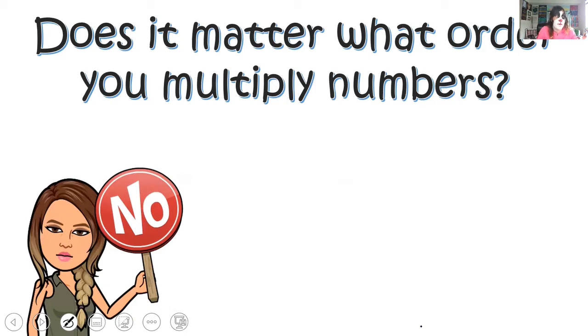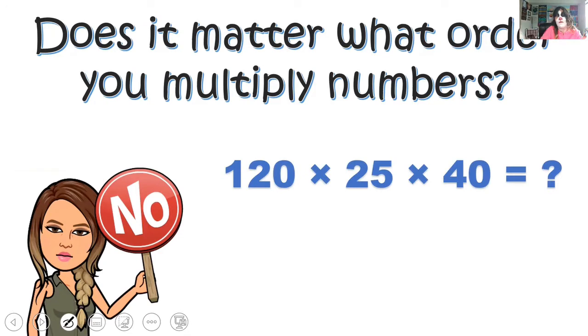It does not matter in multiplication what order you do it. Because if you remember what we've talked about in class, in addition and multiplication, it does not matter in which order you do it, from left to right, up or down, side to side. It only matters in division and subtraction, because in division and subtraction, it changes what answer you get. So let's look back at 120 times 25 times 40, okay? It could be that, it could be 120 times 40 times 25.